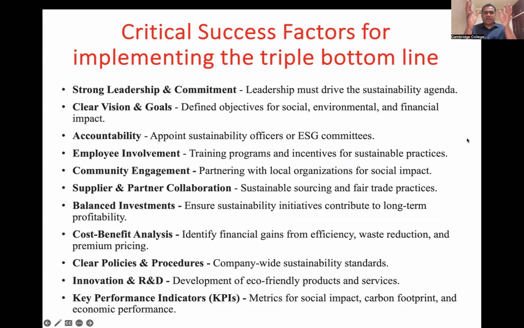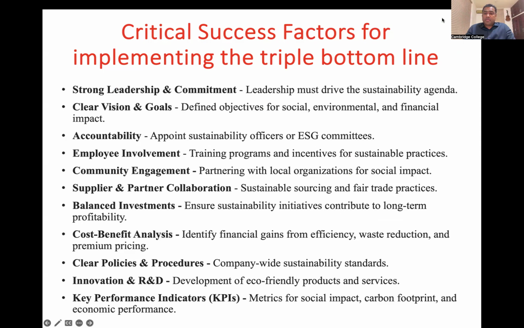A clear vision and goals, defined objectives. Accountability is very critical, especially your ESG committees, you'll have subcommittees. Employee involvement in terms of training and development, incentives for sustainable practices.